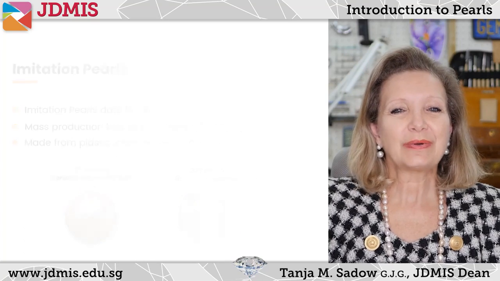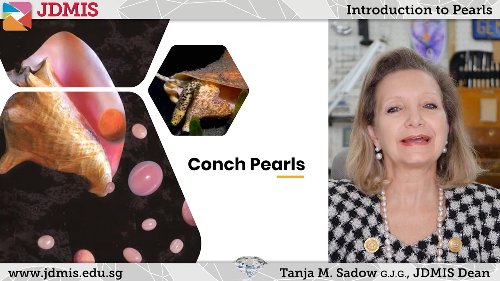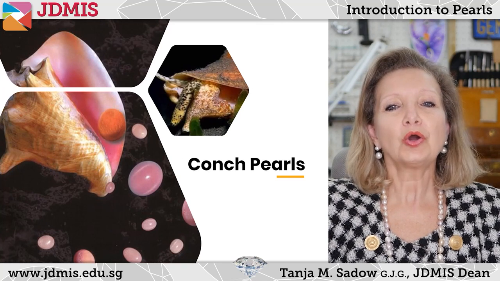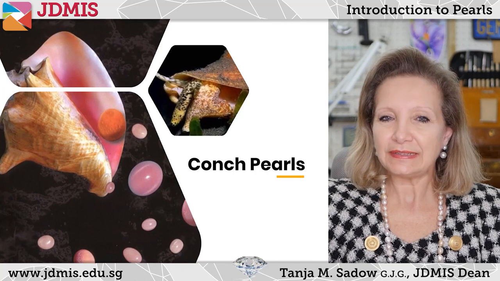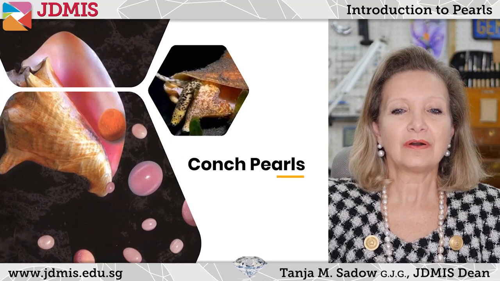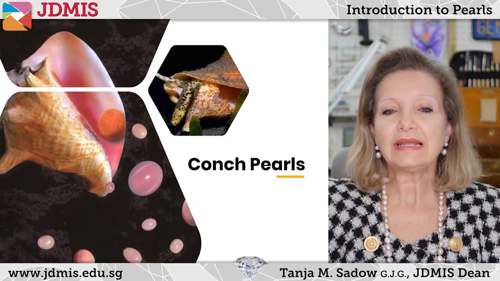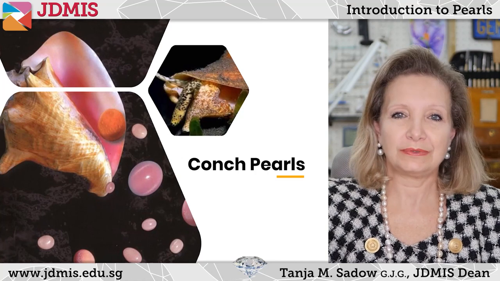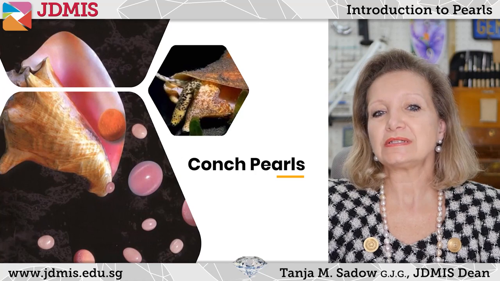Lastly, I want to talk about two very rare types of pearl for pearl collectors. We have the conch pearl, and the conch pearl is definitely natural still today. It comes from the South Caribbean seas, from the queen conch, which is a very beautiful shell and an endangered species.